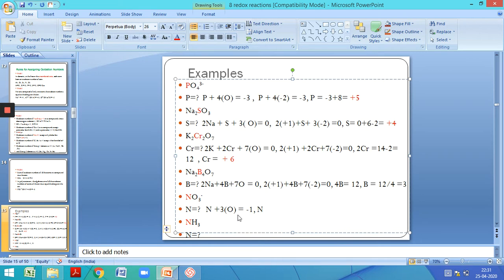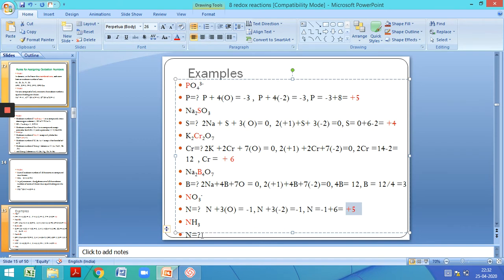Therefore, nitrogen plus 3 into minus 2, which is the oxidation number of oxygen, is equal to minus 1. Oxidation number of nitrogen is equal to minus 1 plus 6, equal to plus 5. The oxidation number of nitrogen in nitrate is equal to plus 5.